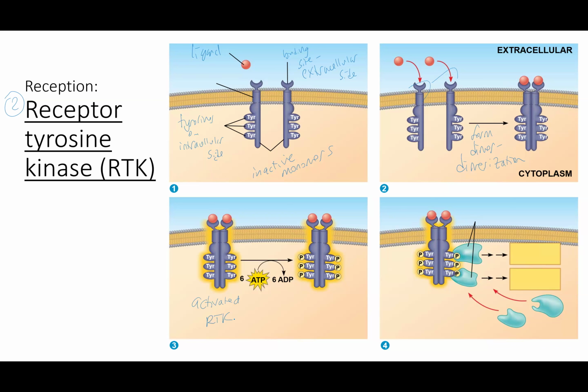When this is activated, see, it's got a nice yellow glow around it. The tyrosine region is really what's activated, and it's going to phosphorylate. So it's going to take phosphate groups from ATP, making them ADP, and these are going to attach to the different tyrosines. Anyone know what tyrosine is? What kind of molecule is tyrosine?